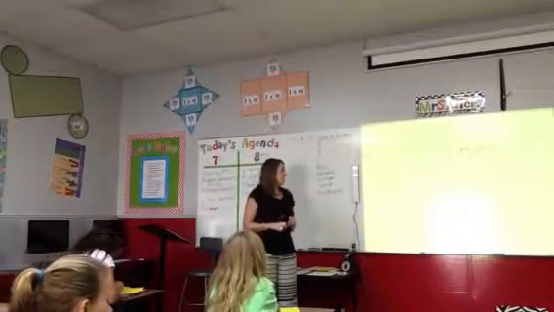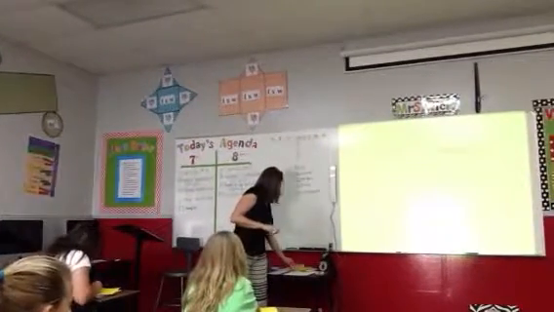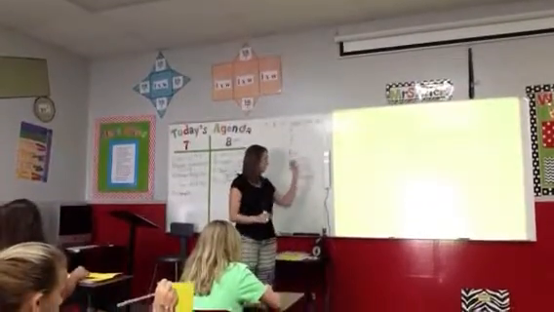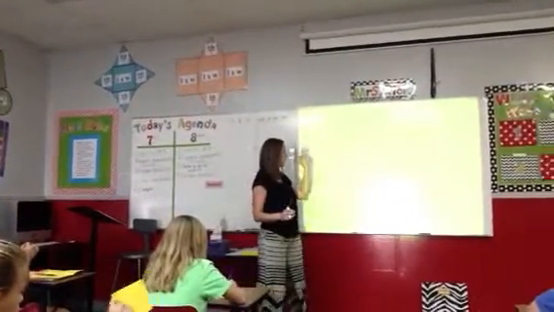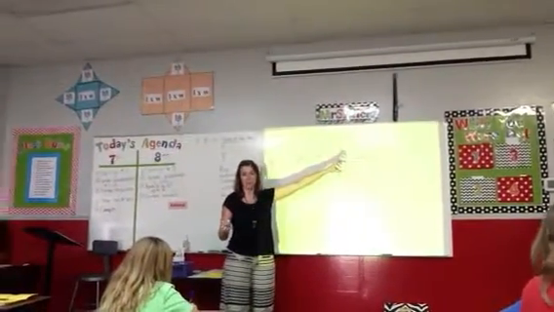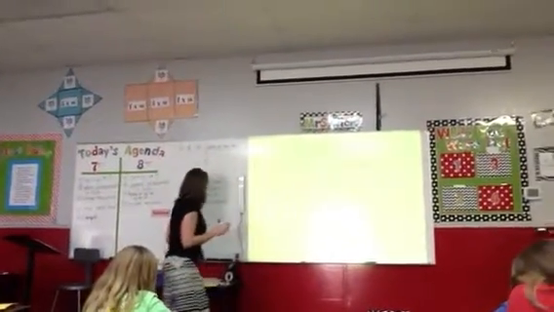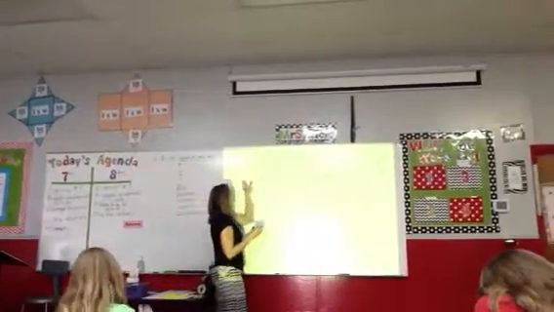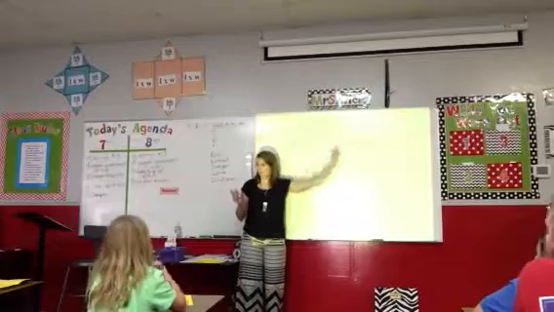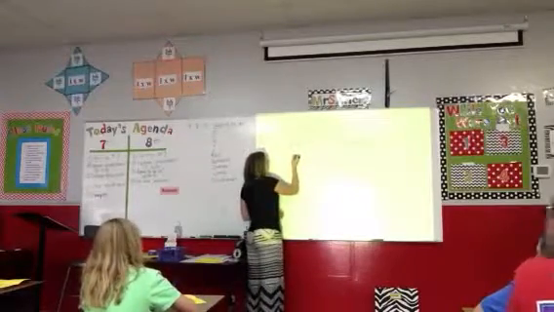All right. So I'm going to kind of start us off, and what I think you're going to notice is that when you have a positive keyword for these positive integers, then the negative word is going to be kind of the opposite. So let's start with positive numbers. All positive numbers, are they above 0 or below 0? Above. Positive numbers are above 0.